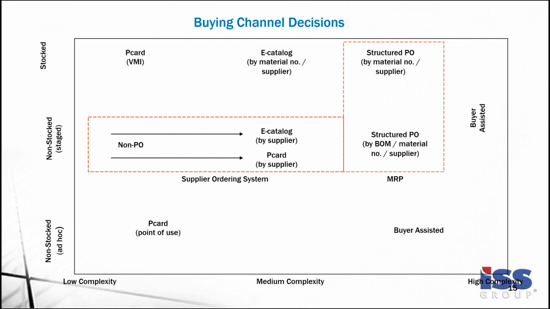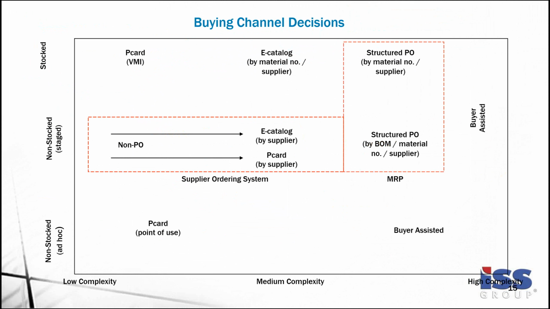Highly complex, for example, is a buyer-assisted area. And it could be complex in contract, or it could be complex in the specifications, but it needs purchasing to assist you in it. And the lower complexity in the lower left-hand side, definitely a P card usage. That's why office materials and supplies really falls into that a lot.